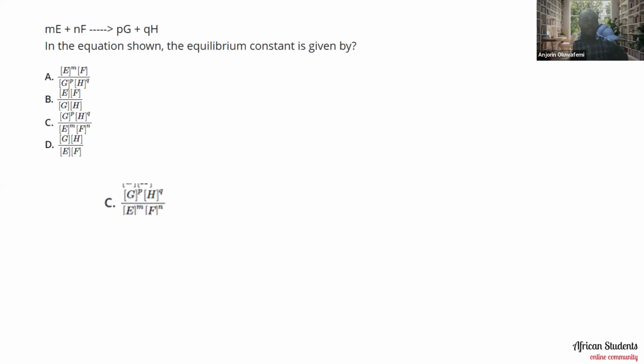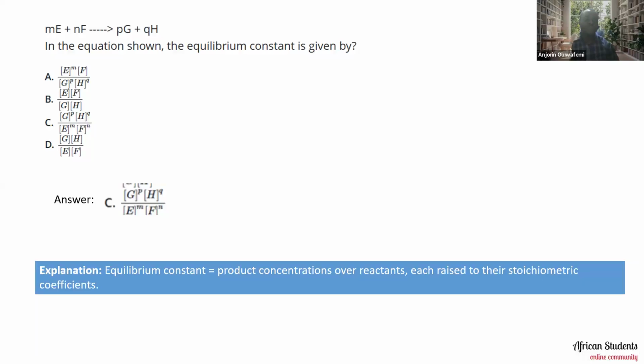Okay. All right, now this is the question. In the equation shown, the equilibrium constant is given by, is it A, is it B, is it C, or D? The right answer to this one is actually C. And how did we arrive at that? Equilibrium constant equals product concentrations over reactants, each raised to their stoichiometric coefficients.